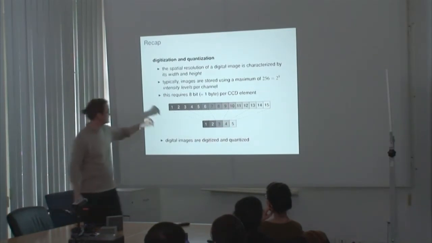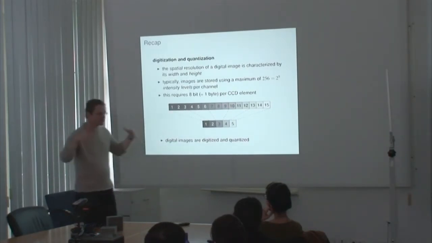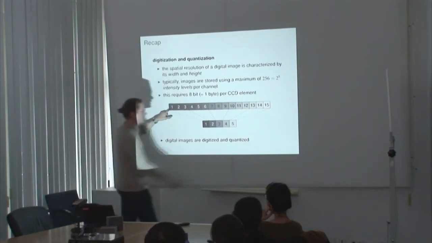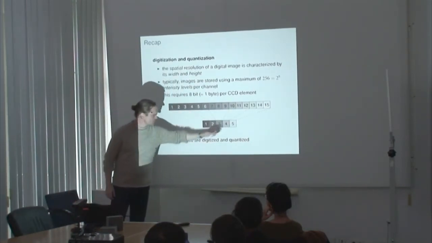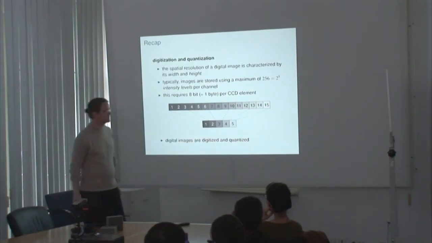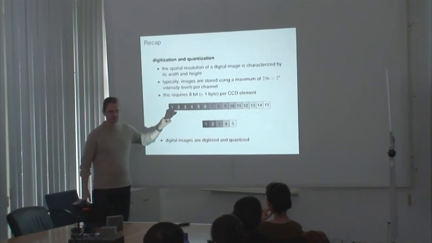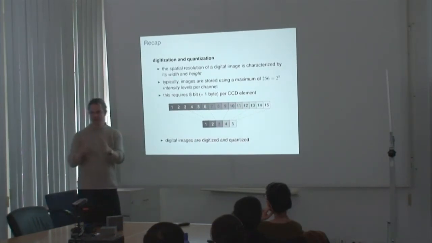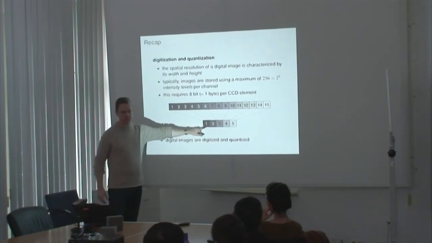But it is quantized in the sense that, let's say in this example, we would record intensity values between 1 and 15, but everything that would be recorded is actually just 5 intensity values. And we see that the first 3 intensity levels that this chip can actually record are being sort of merged into just 1 intensity level.